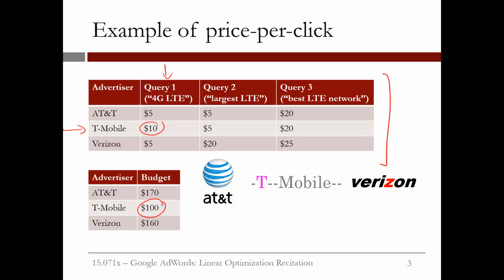If T-Mobile begins advertising, and by some point 5 people have clicked on T-Mobile's ad when they search for 4G LTE, then T-Mobile will need to pay 5 times $10, or a total of $50. If T-Mobile's budget is $100, this means that T-Mobile is left with $100 minus $50 for a remaining budget of $50.